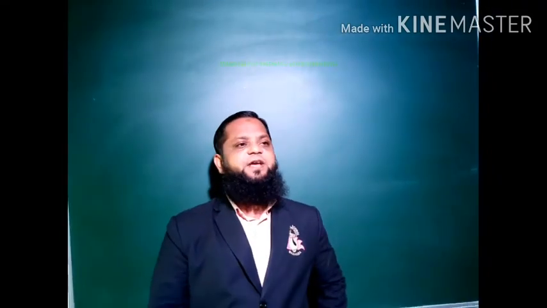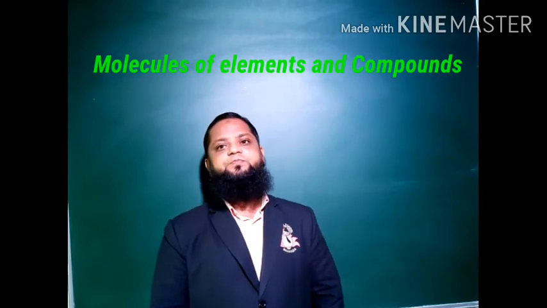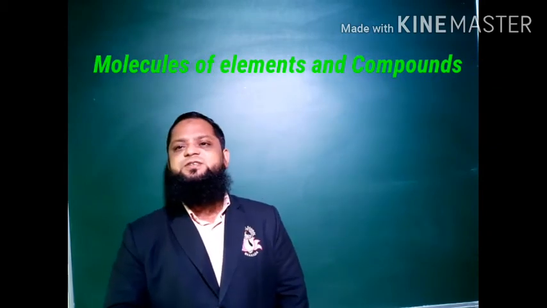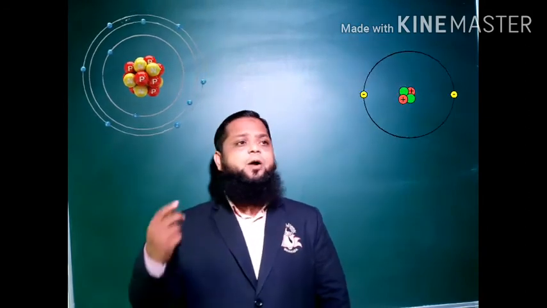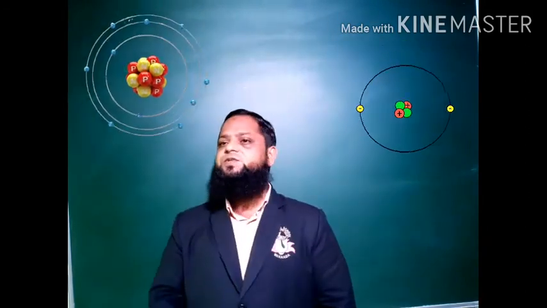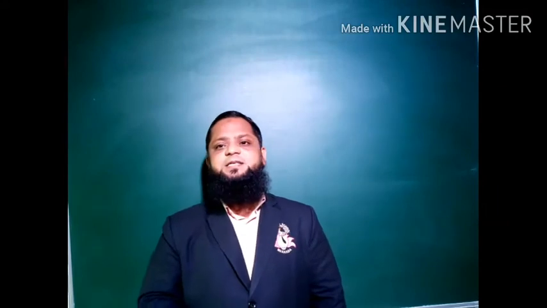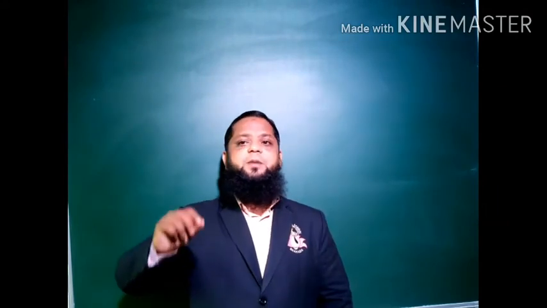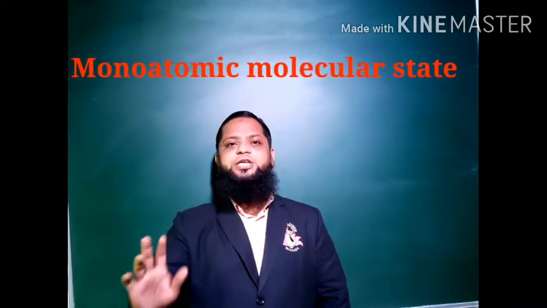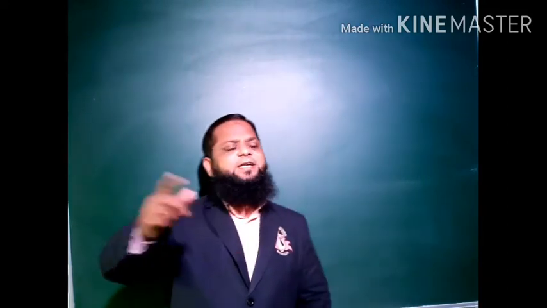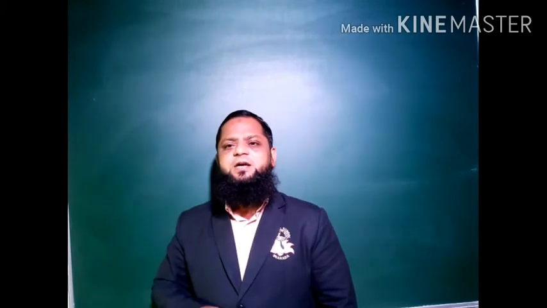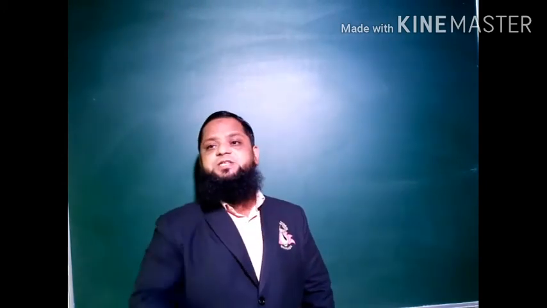Next, molecules of elements and compounds. Atoms of some elements such as helium and neon have independent existence. It means that these elements are in a monoatomic molecular state. Sometimes two or more atoms of an element combine to form molecules of that element.